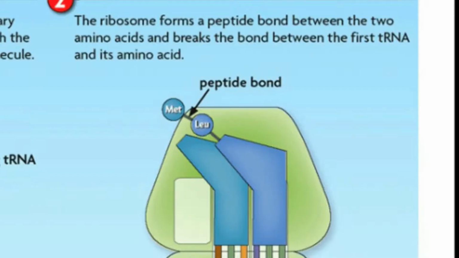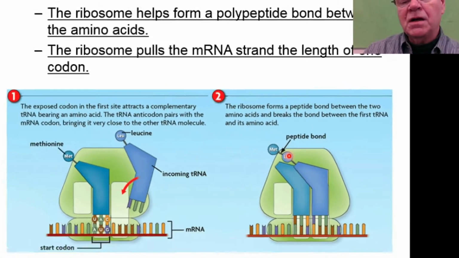And that's going to bring these very close to the other transfer RNA molecule as this sets in place. And then secondly, the ribosome is going to form a peptide bond between methionine, in this case, and leucine, as these two amino acids are placed side by side.